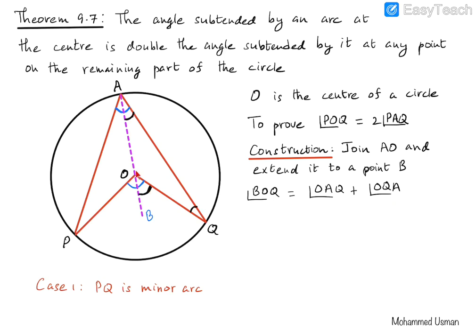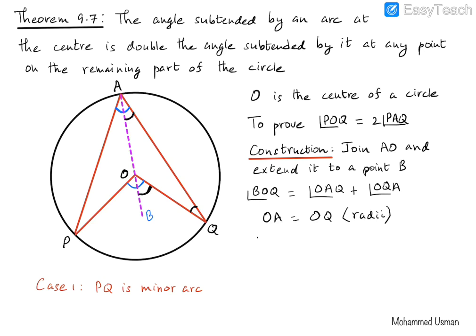But we notice that OA and OQ are both radii of the circle. So in this triangle OAQ, OA is equal to OQ. So that means the triangle OAQ is an isosceles triangle. And if it's an isosceles triangle, the angles opposite to the equal sides are also equal. That means OAQ is equal to OQA.